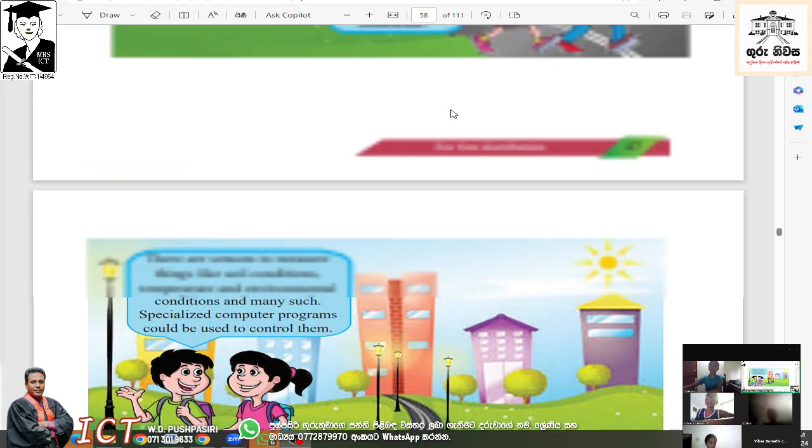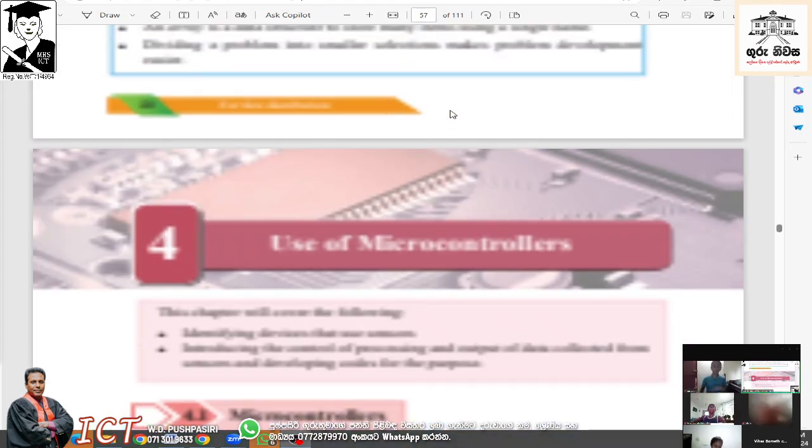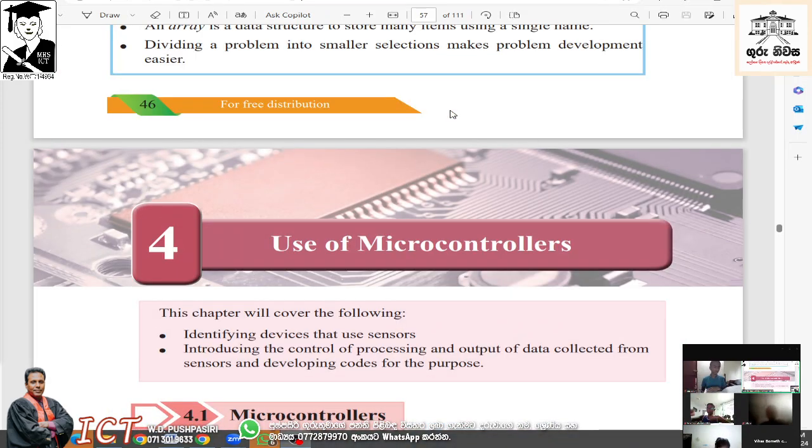Lesson number 4, use of microcontroller.